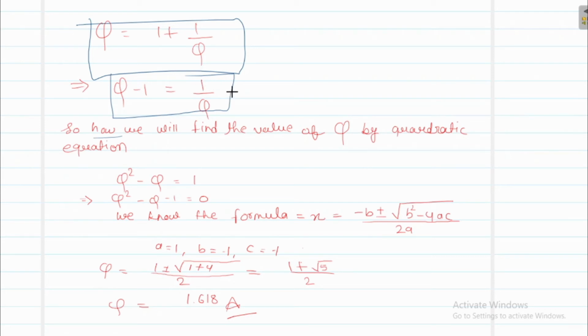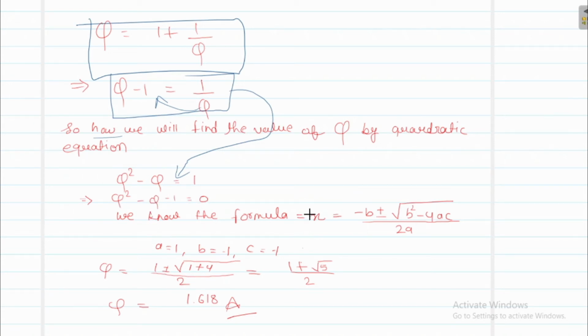From here you can see we can multiply both sides by phi. So phi square minus phi is equal to 1. We will take 1 to the left hand side, so the sign will change. Phi square minus phi minus 1 equals 0.